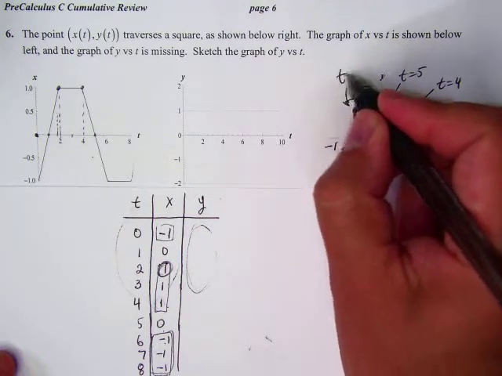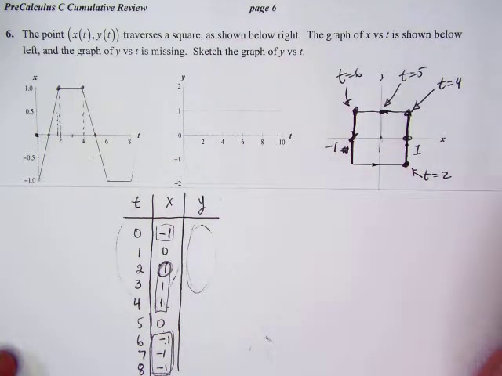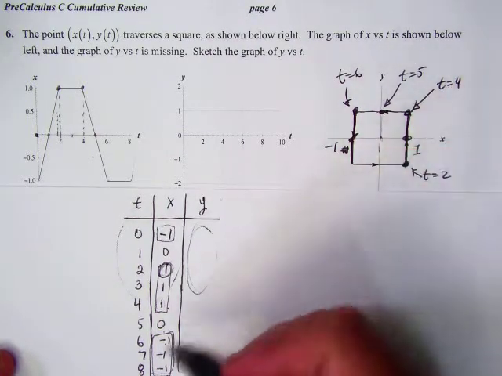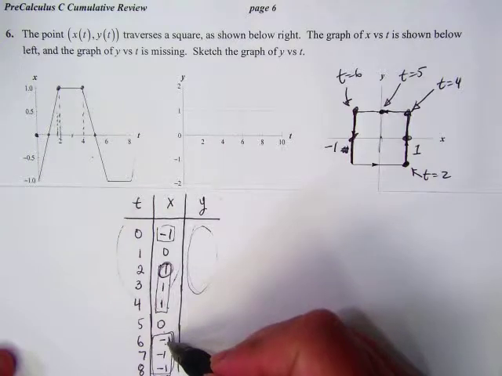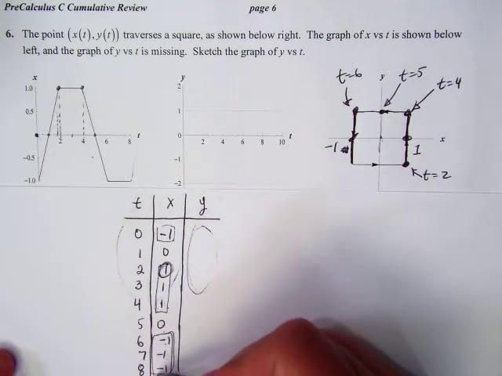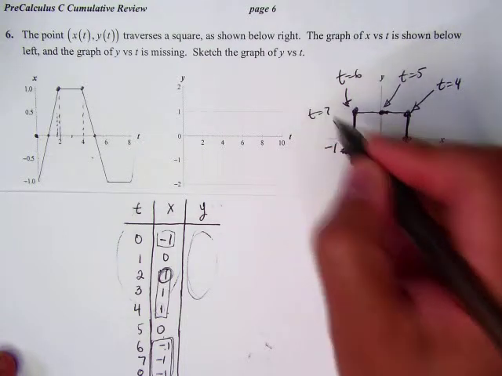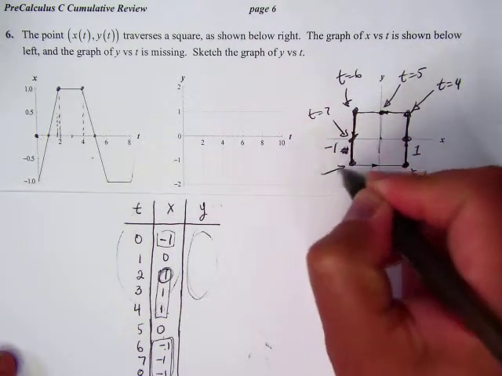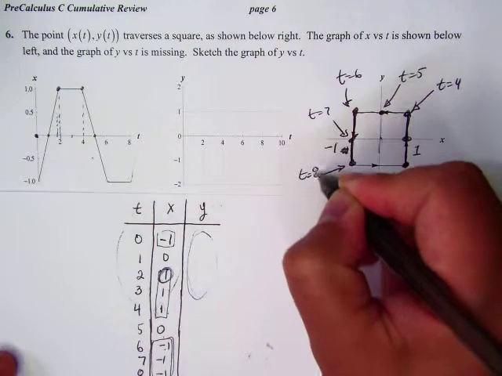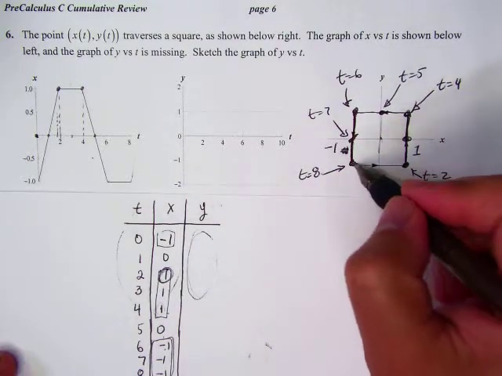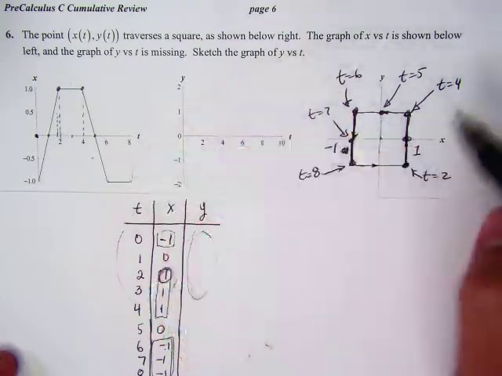This would be t equals 6. And as we continue, we can see that x stays negative 1 as t goes to 7 and 8. So this is probably t equals 7. Right here would be t equals 8. And then it's going to repeat. We don't have that part of the graph.